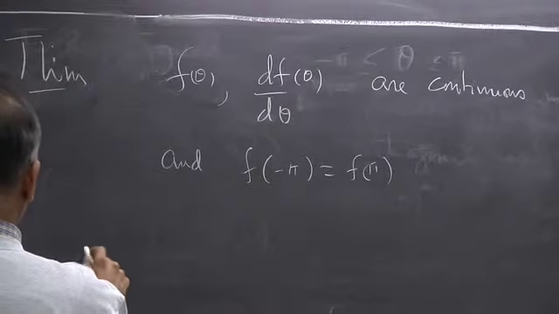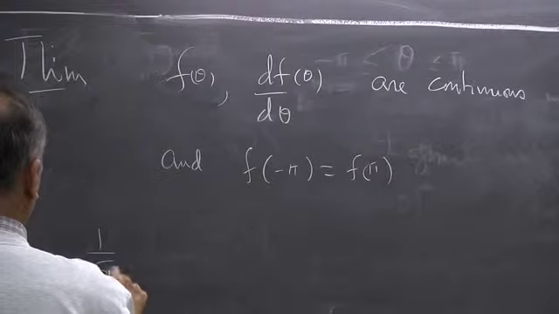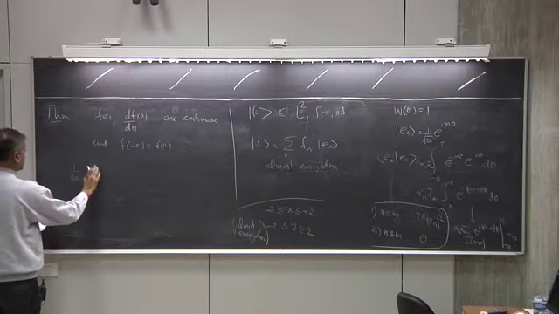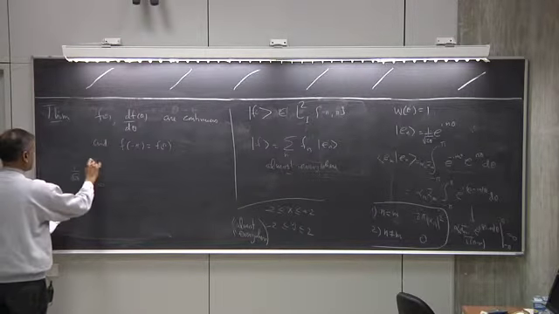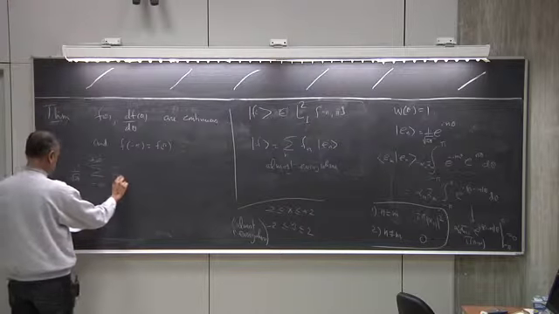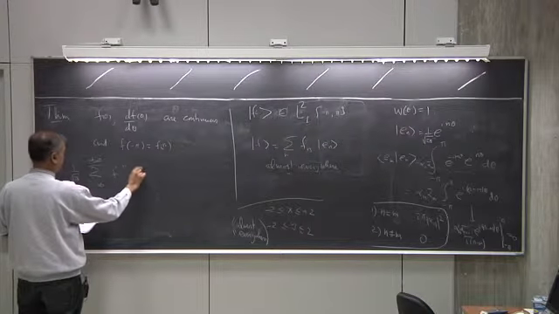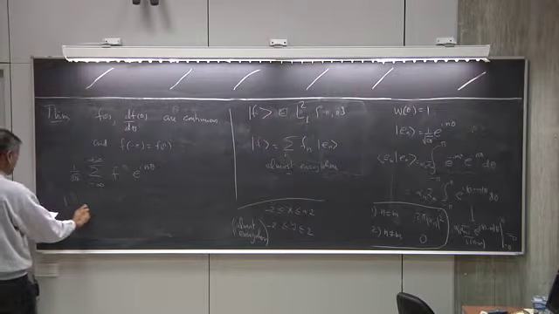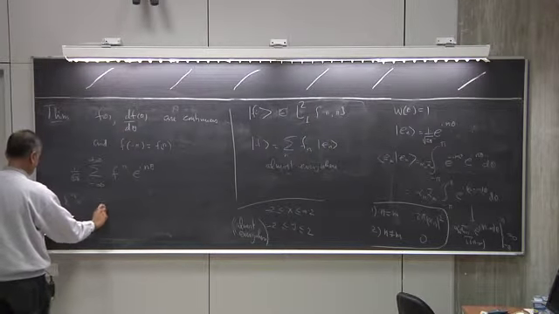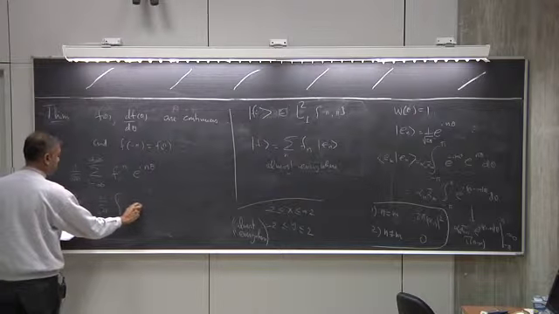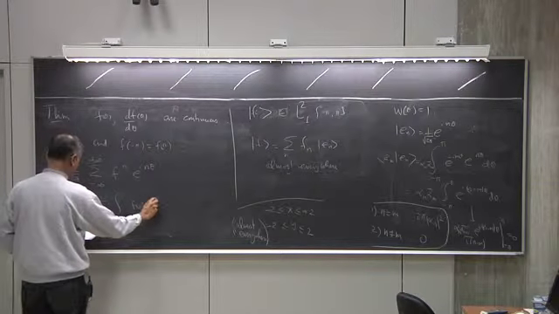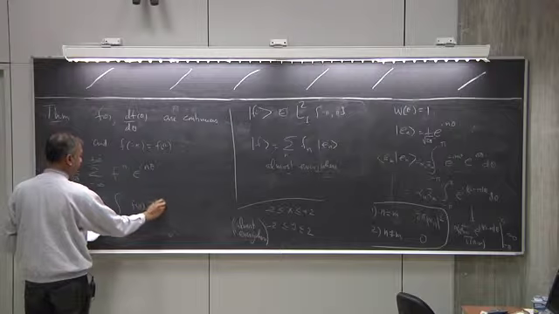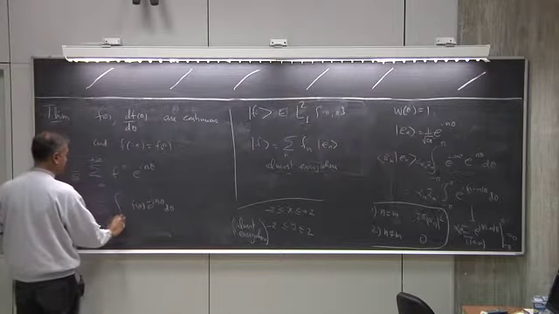So 1 over root 2 pi, sum from minus infinity to plus infinity of fn, where fn is the integral from minus pi to pi of 1 over root 2 pi, f of theta, e to the power of minus i n theta, d theta.